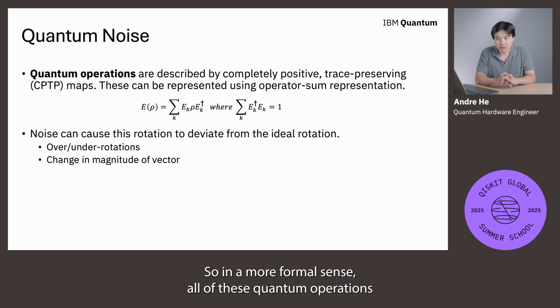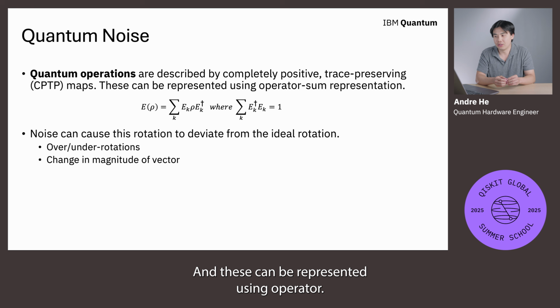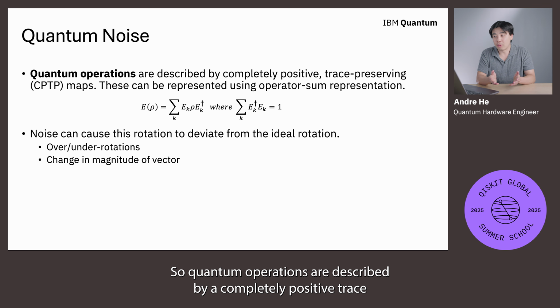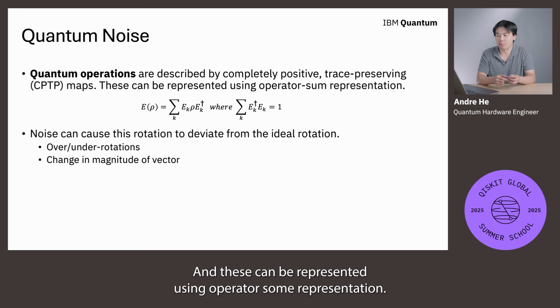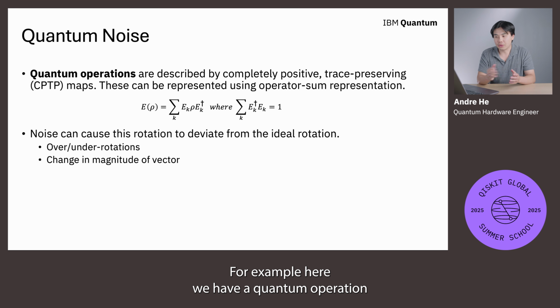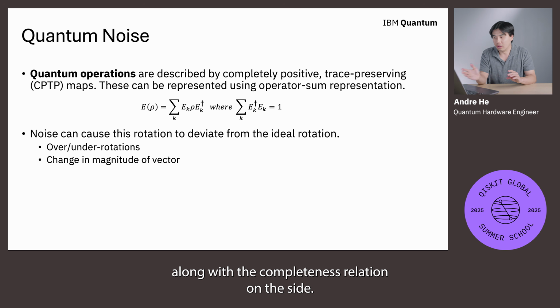In a more formal sense, all of these quantum operations are described by completely positive trace-preserving, or CPTP, maps, and these can be represented using operator sum representation. For example, here we have a quantum operation which acts on the density matrix of our system, along with the completeness relation on the side.